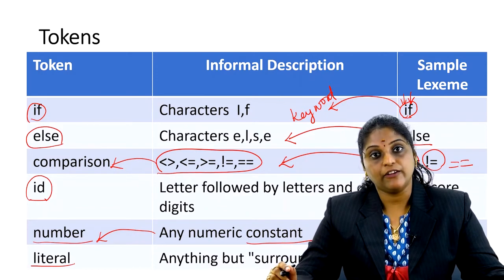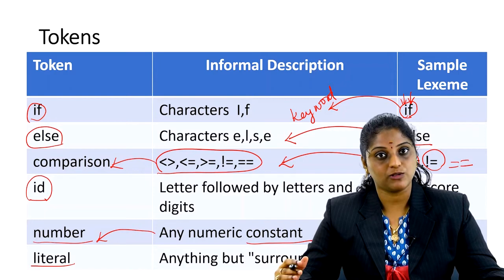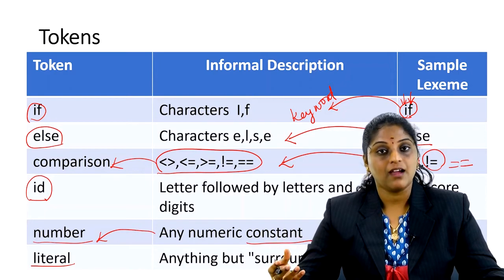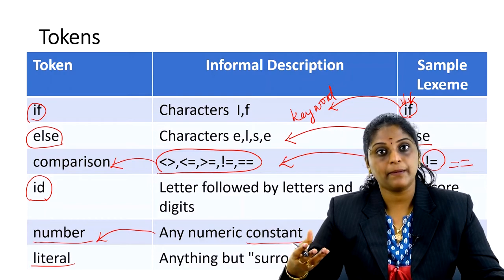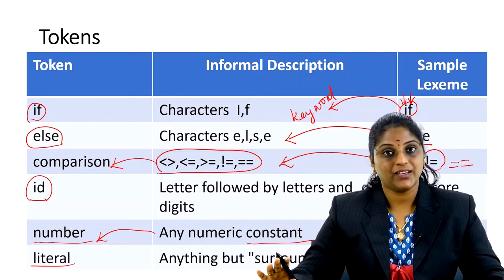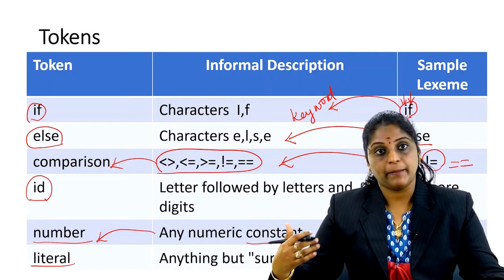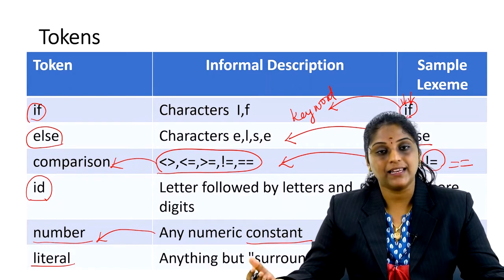And finally, if operators are there, we have to represent those operators also as separate tokens, and the token is nothing but the operator itself. For example, if it is an equal to operator, you have to mention it as equal to. Okay. So this is how a particular source program is separated into tokens by the lexical analyzer.